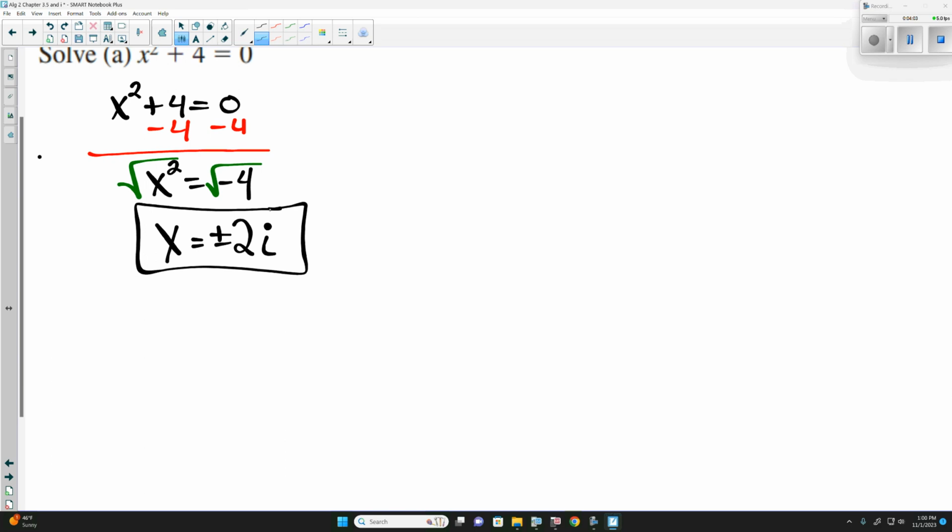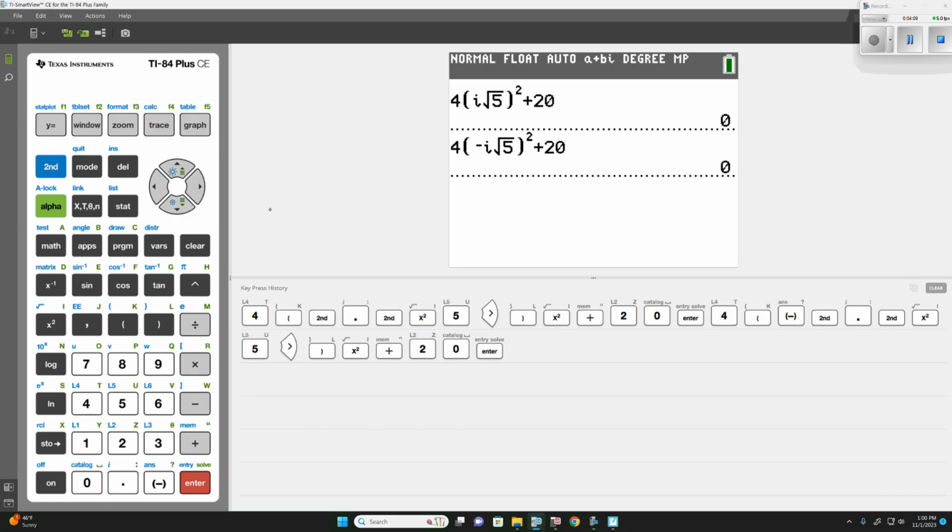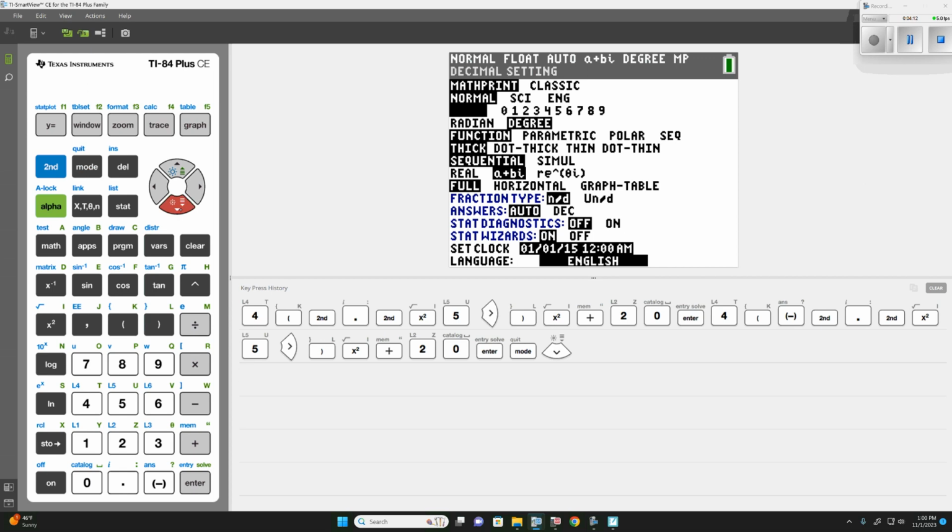So the graphing calculator does need to be set in a plus bi mode. So we'd have to go to mode, down to real, and over to a plus bi, hit enter. Then second quit or clear, because you need to do a plus bi.